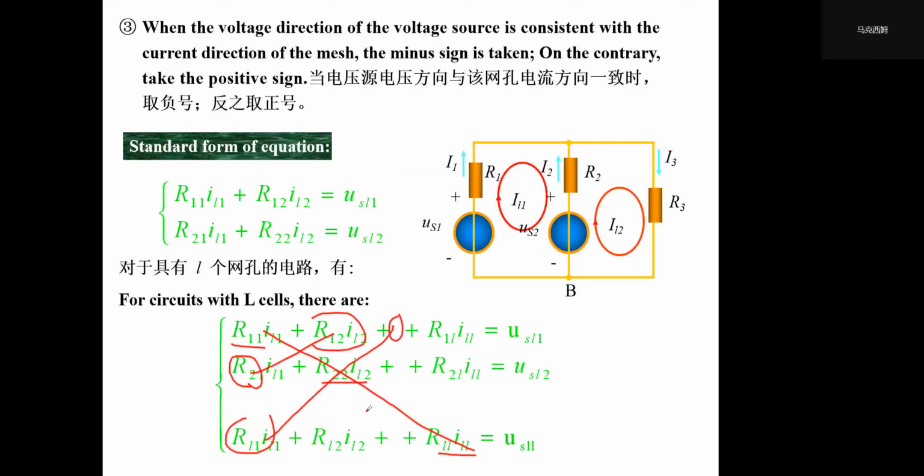So this is how we list these mesh current equations. We don't have to think about this any longer. Once we have assumed the circling direction of the loop currents, we can just write these equations directly using this standard form.